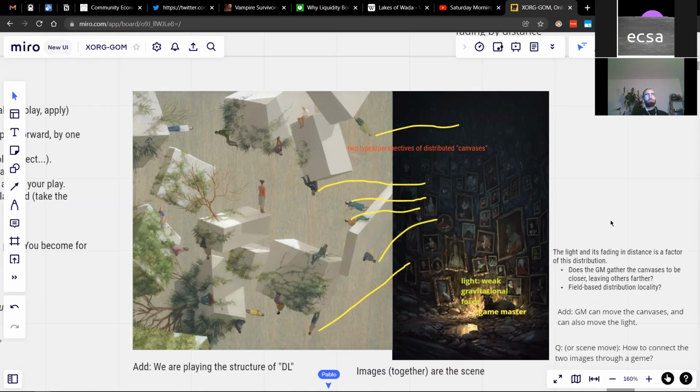So that resembles this weak gravitational force: the more time you spend in the process, the more likely it is that things that are not immediately brought into the light are still pulling themselves into the light. It also gives the game master a clear but not strong way of influencing the play.